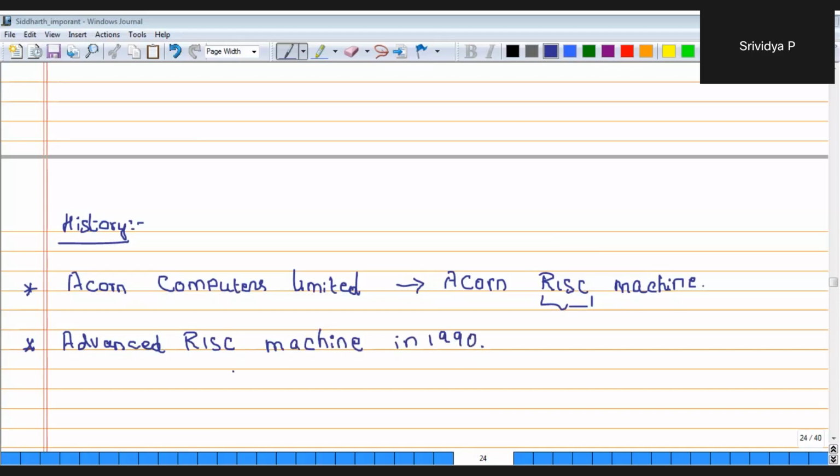The name was changed because it was taken over by Advanced Risk Machine Limited, a joint venture of Apple Computers, Acorn Computer Groups, and VLSI Technology.